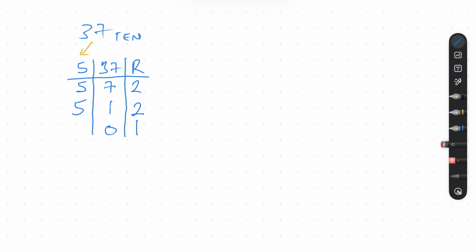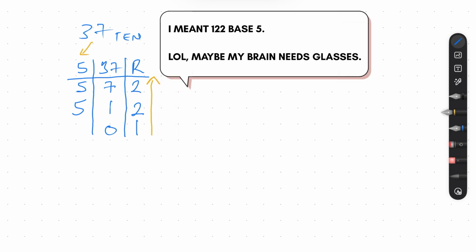So now how do you read this? You have to read it from bottom to top, right? Read it from bottom to top like this. So that is 1 1 2 base 5.